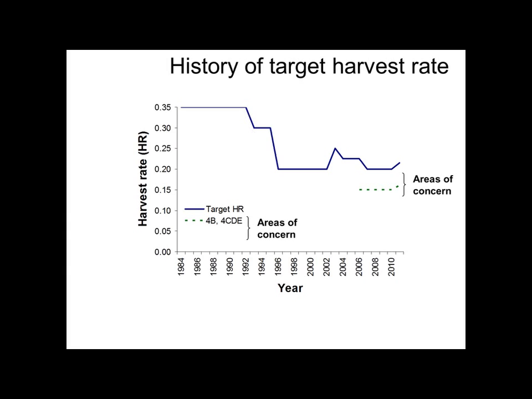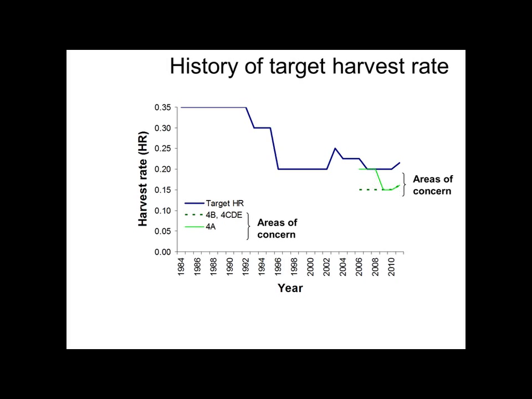A change that happened in 2006 was that some areas, including 4B and 4CDE, were considered areas of specific concern, and this was based on changes in indices of those areas, particularly the survey and changes in age composition, for example, and that resulted in a reduction from 0.2 to 0.15.